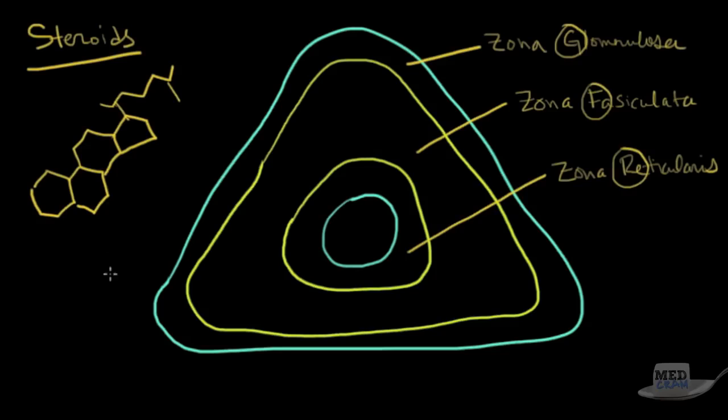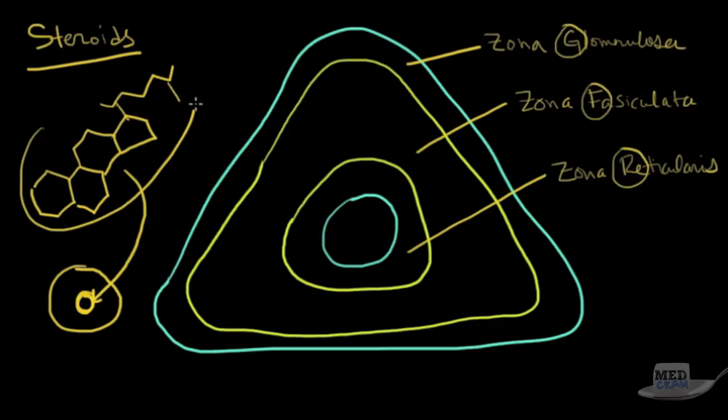Now, because of that, they're able to go in through the cell into the cell's nucleus. Now, why is that important? It's because these hormones affect transcription of proteins in the nucleus. And that causes proteins to be made that can then be exported.